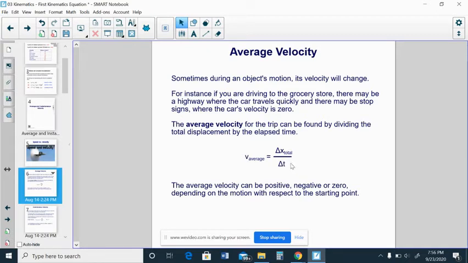But since we have this vector quantity of displacement present, what you end up with is a vector quantity for velocity. So velocity is a vector. This is why the average velocity can be positive, negative, or zero, depending on the motion with respect to that origin, the starting point.